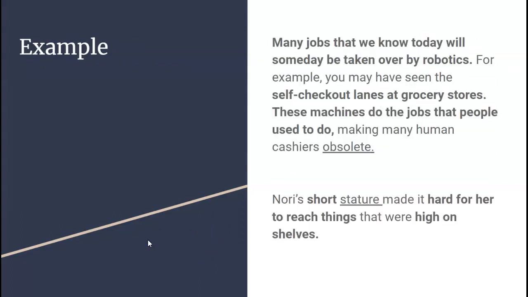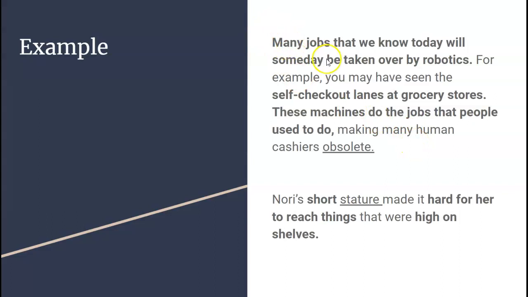Many jobs that we know today will someday be taken over by robotics. For example, you may have seen the self-checkout lanes at grocery stores. These machines do the jobs that people used to do, making many human cashiers obsolete. The unknown word here is obsolete, but to really figure out what that means, you have to look at all of the sentences here.